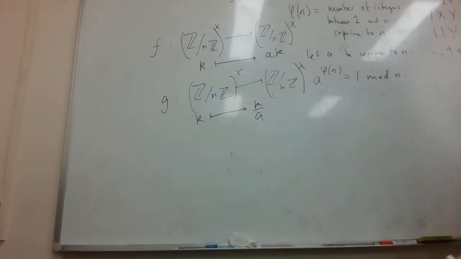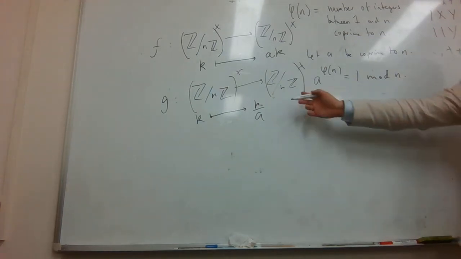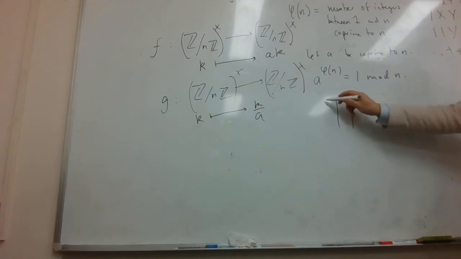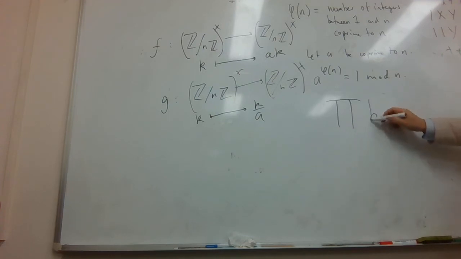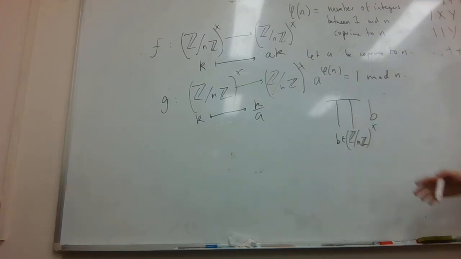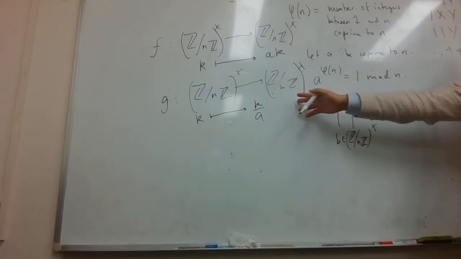Make sense? Okay. So what if I times everything in here together? Let's call the product of b's, as b runs through everything in this invertible set.